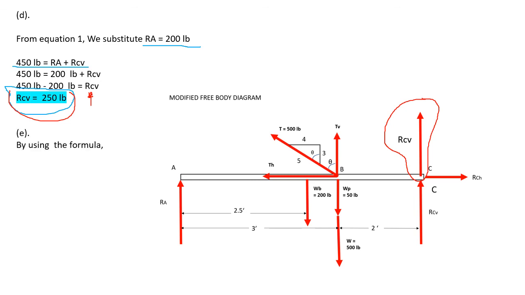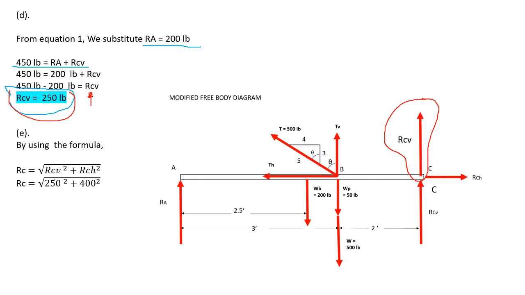And now, we can solve for our reaction at C. By using the formula, RC is equal to the square root of the reaction at C vertical squared plus the reaction at C horizontal squared. Then we substitute the values of the reaction at C vertical and the reaction at C horizontal.